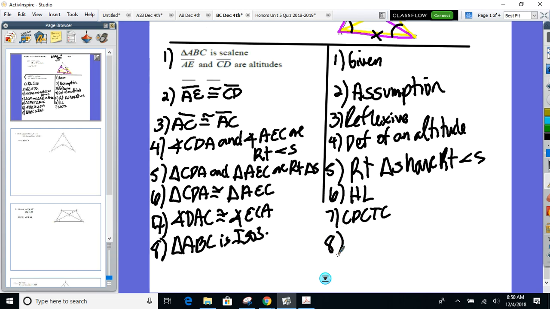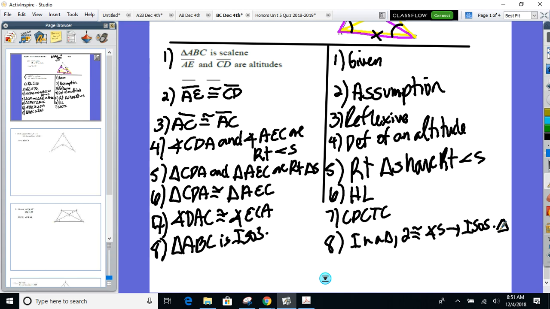How do we know it was isosceles? What did we just do? In a triangle, we just proved two angles congruent, which implies isosceles. And now we have a contradiction, don't we?